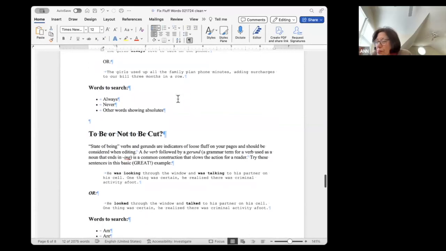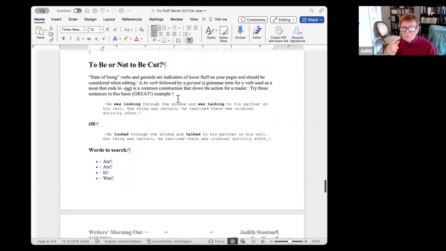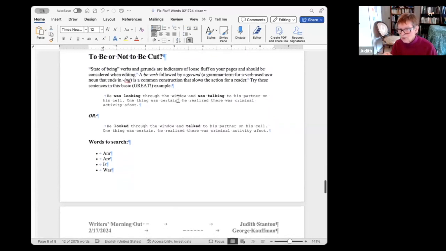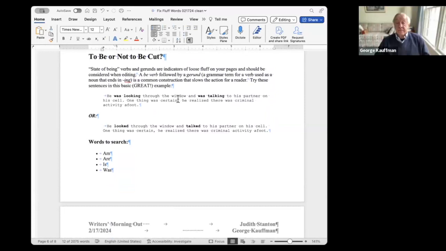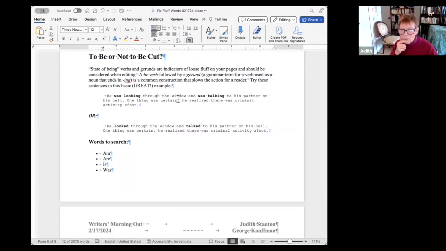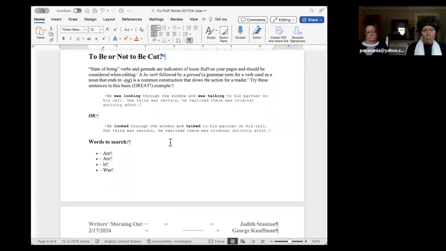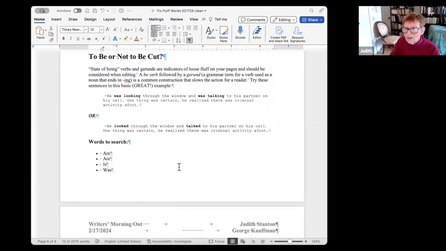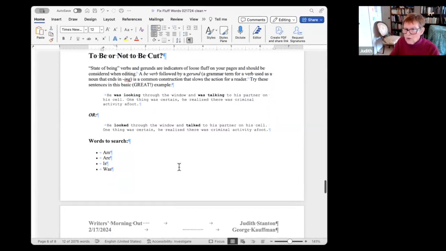And the gerund business is much argued over. And George, we have had this argument. He was looking through the window and was talking to his partner on his cell. And she changes this, I'll say, to he looked through the window and talked to his partner on his cell.